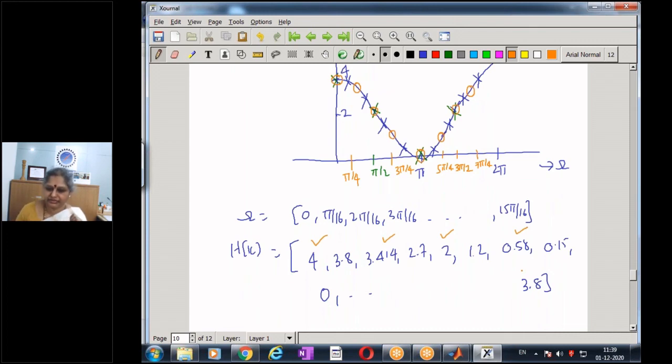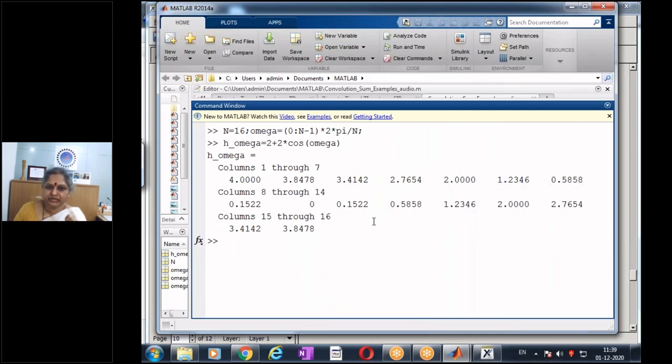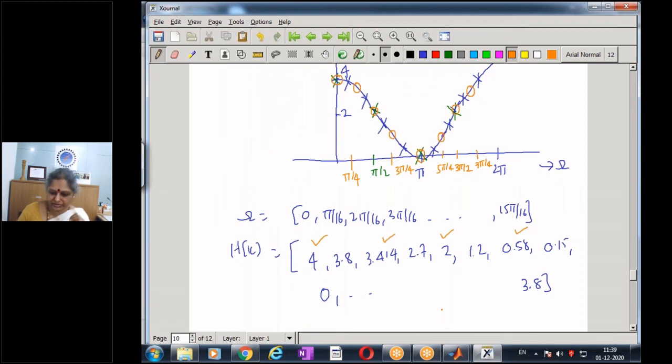I can get the result for n equal to 8. If I have to write the complete sequence, 0, 0.15, 0.58, 1.2, 2, 2.7, 3.414 and 3.8.